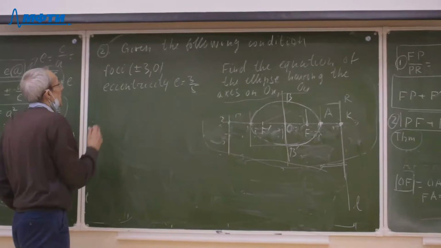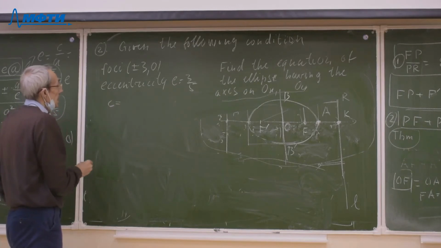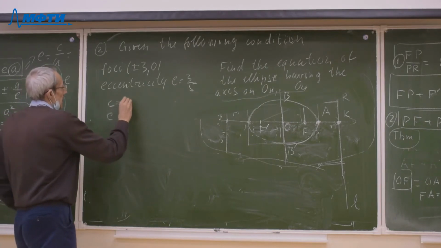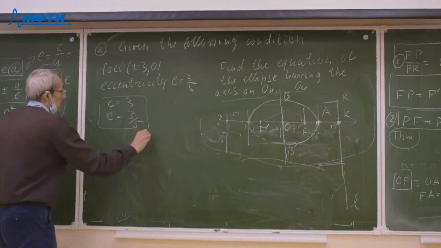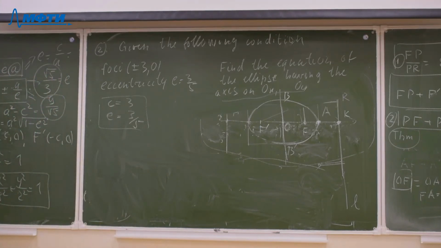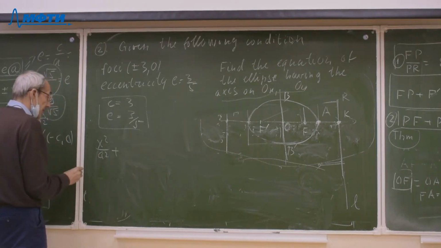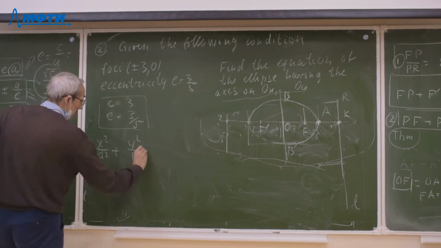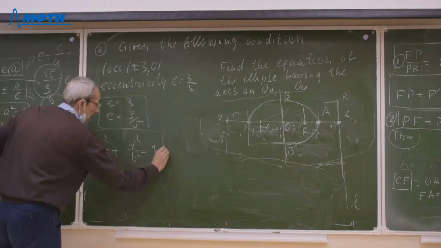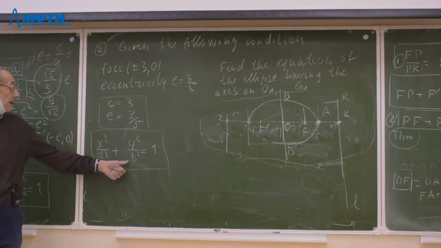If we have formulas for foci, we have the value for c and e. c is equal to 3, e is equal to the ratio 3 over 5. To obtain the canonical equation for the ellipse, the equation of the form x squared over a squared plus y squared over b squared is equal to 1, we need to find the value of two parameters, a and b.